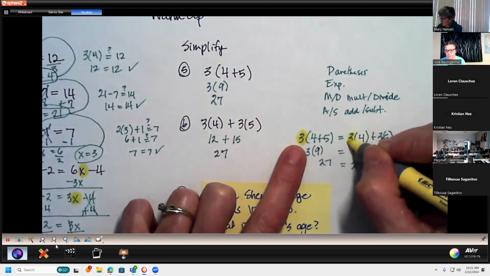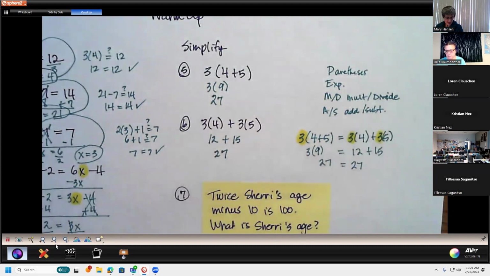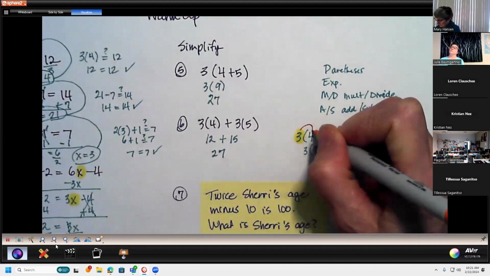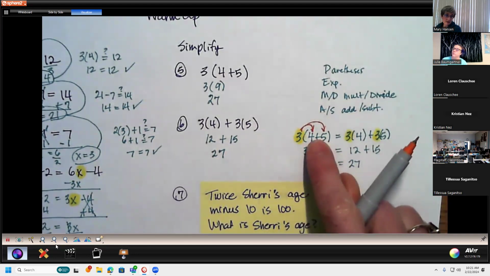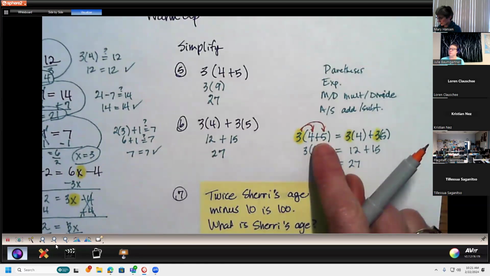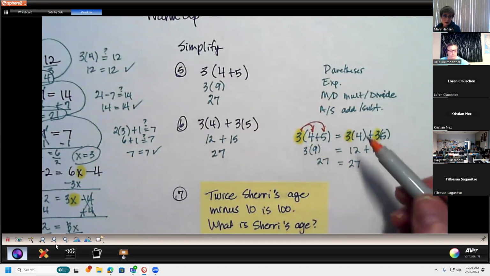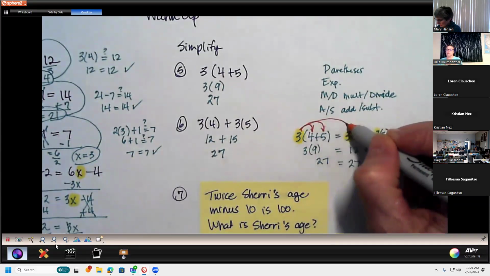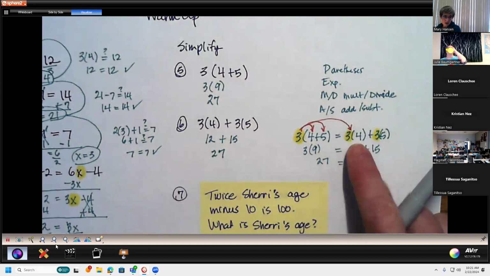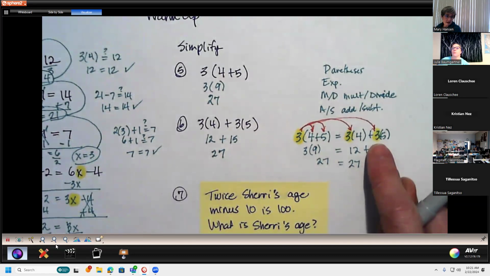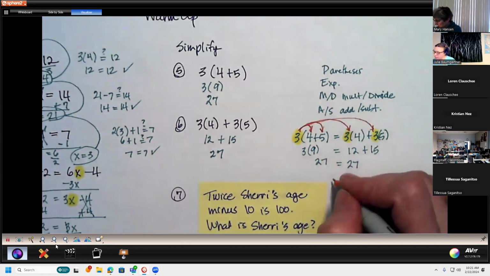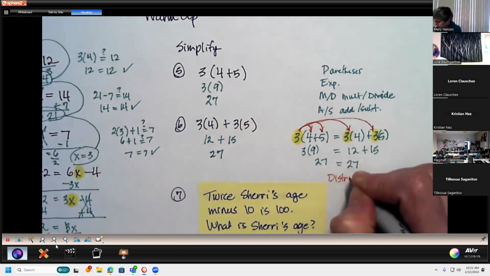You get the same answer if you take that 3 and you multiply it by each of the terms inside of this addition problem in the parentheses. So I took this 3 and I multiplied it times the 4, and I took the 3 and I multiplied it times the 5. This is called the distributive property.